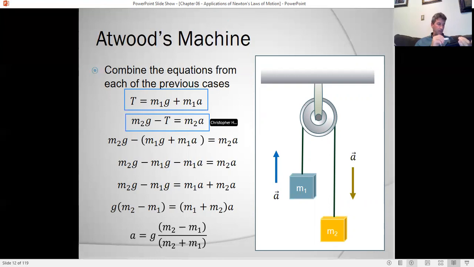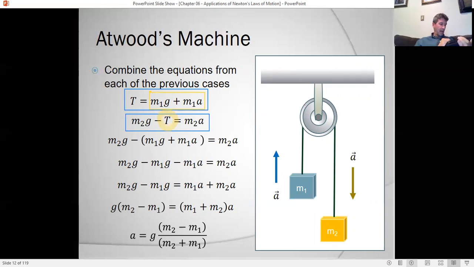And one of the simplest means to solve when you have this case is take one of the unknowns, in this case, I don't know tension, and replace it with that expression right there, right? Tension equals M1G plus M1A.